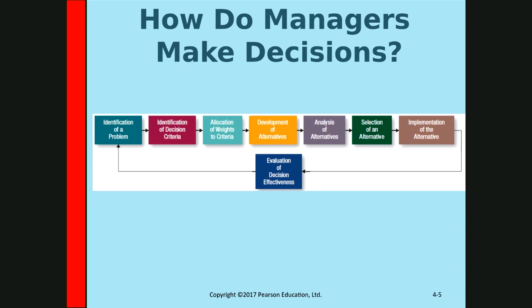I'm going to talk about each of these boxes in greater detail in a short while. But before I start, usually at the first step, you are always going to identify a problem. And at the end of the day, you are always supposed to implement the alternative.